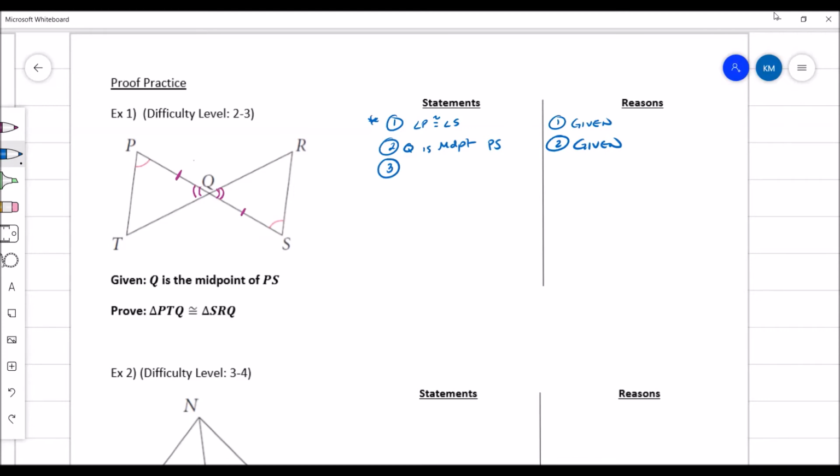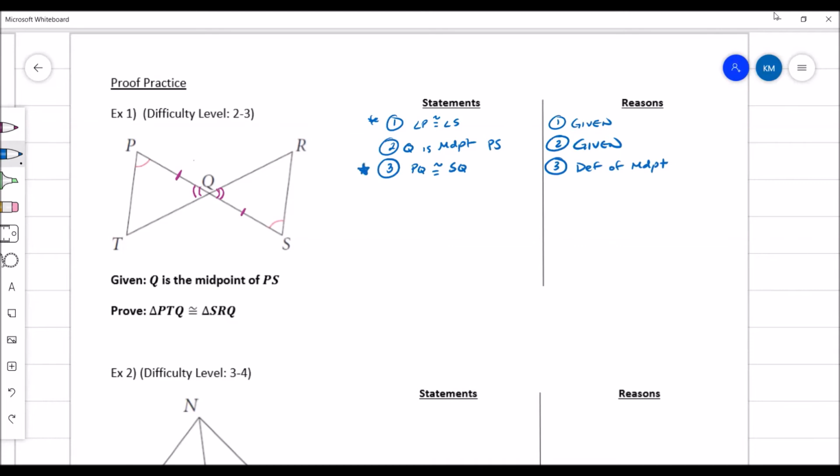Since Q is the midpoint of PS, we know that PQ is congruent to SQ. And we know that because that's what midpoints do. That's how we explain it to ourselves, and so we'll say definition of midpoint. Now we have two things that are congruent to each other.